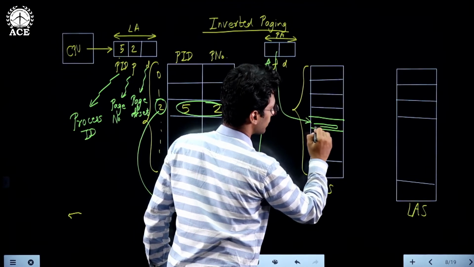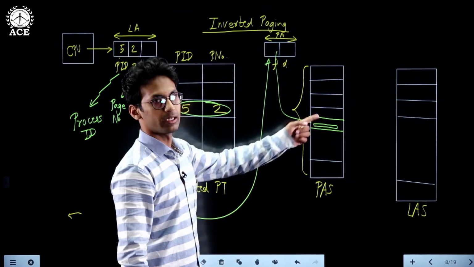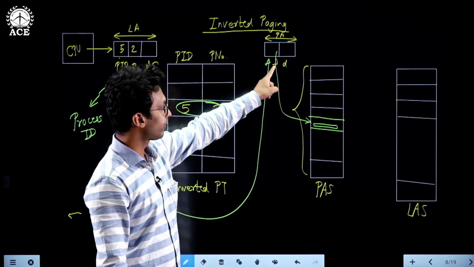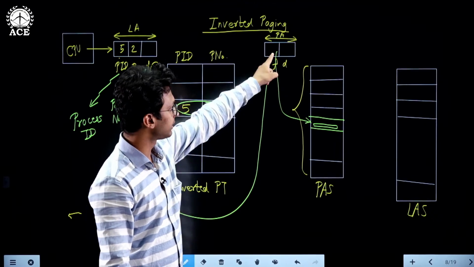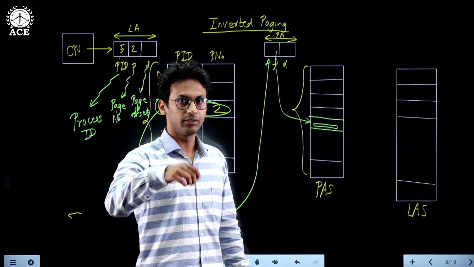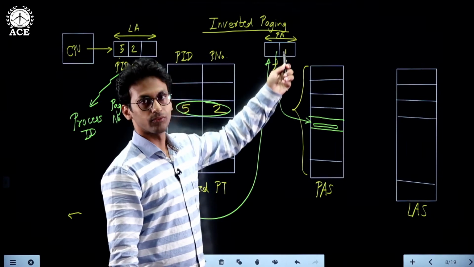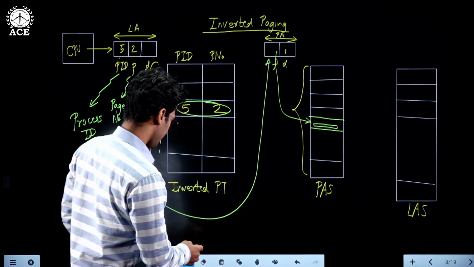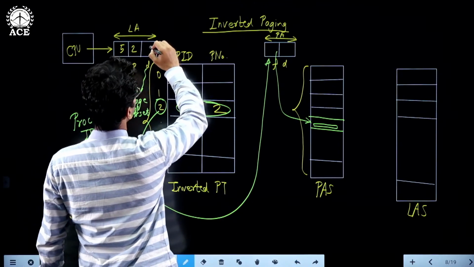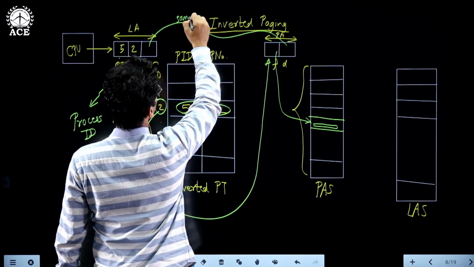Just access that particular frame offset, I mean, that particular word in that frame. F is the frame number, and within that frame there will be words. Which word you want to refer to is given by D, the frame offset, isn't it? So this is how you can get it. If you observe, this D and this D are the same. Done.